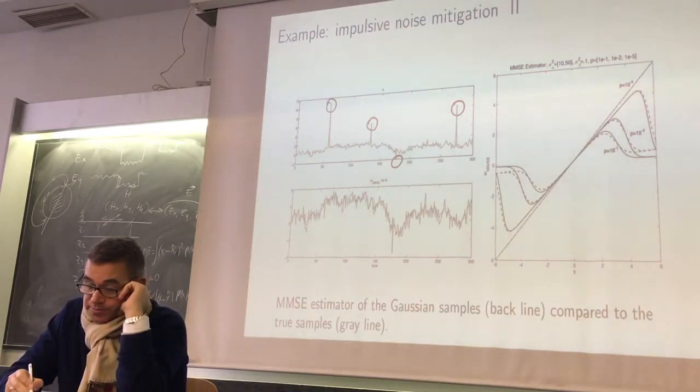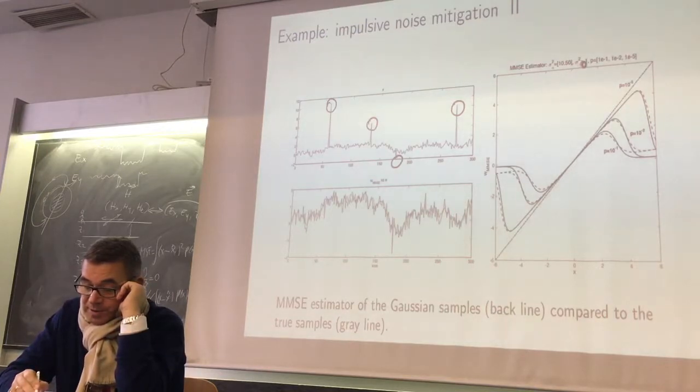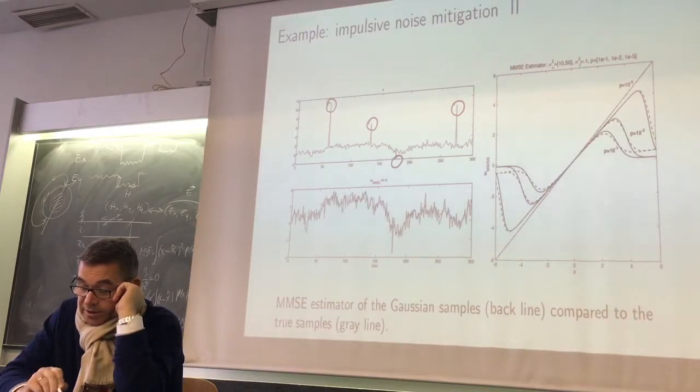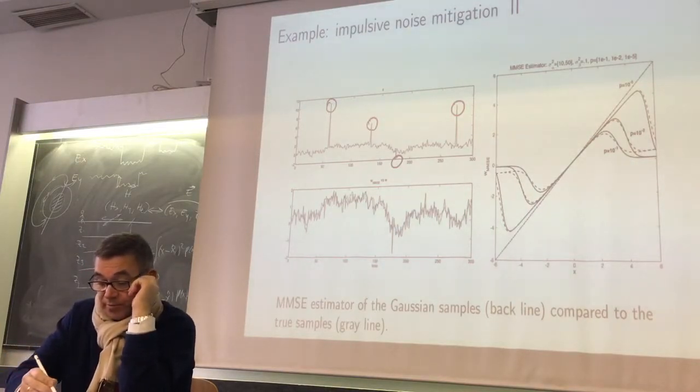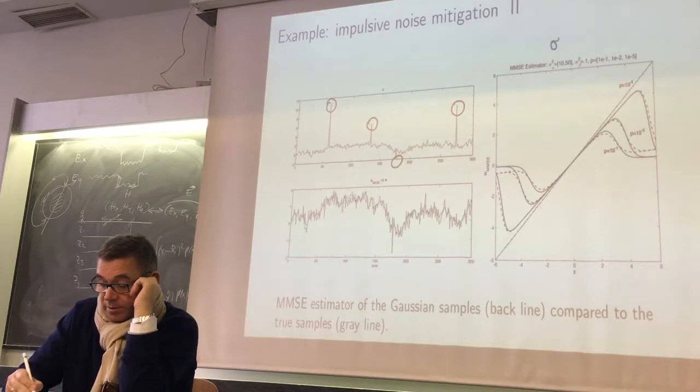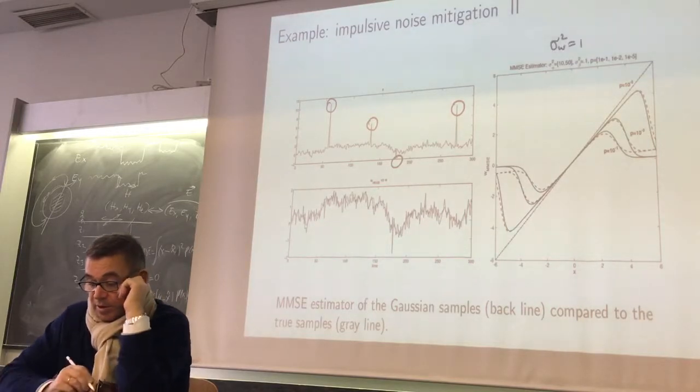So sigma alpha is 10 or 50, sigma beta is 0.1, very small, and then sigma w is, I think it should be 1. I think I remember it should be 1. Okay, so sigma squared w is equal to 1.